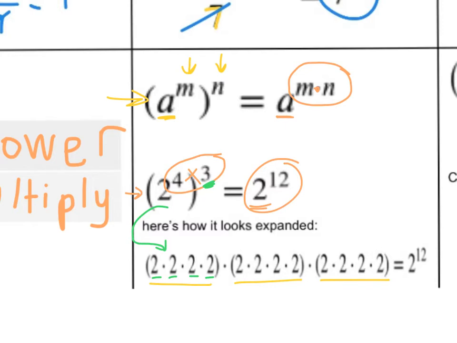So 2 to the 4th power is in here, and then 3 groups of that. So now we would count up all those 2's: 1, 2, 3, 4, 5, 6, 7, 8, 9, 10, 11, 12. So it's 2 to the 12th power. Now this will take quite a bit of time expanding it. That is why we do the shortcut, which is to keep the base and multiply the exponents.